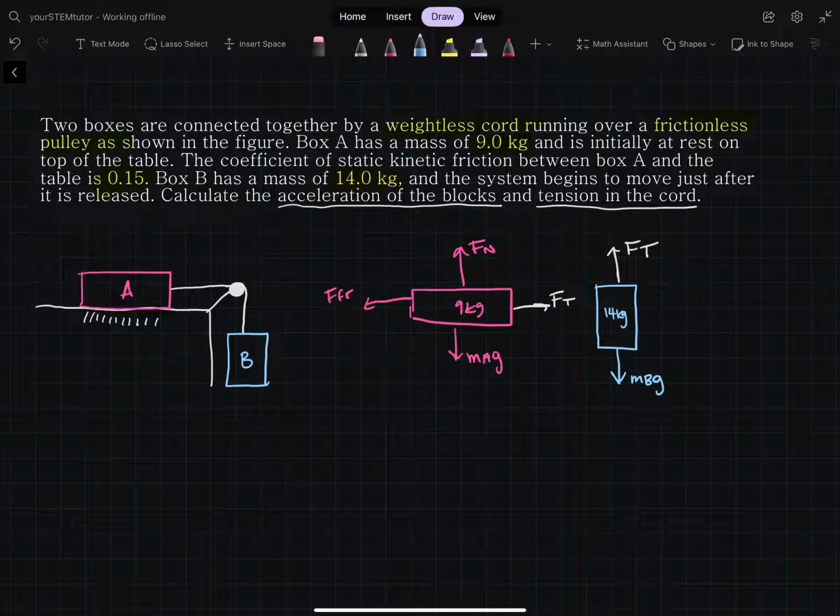And it's also not going to have a force of friction, since there's nothing it is sliding against that's going to cause it to not be as fast in its acceleration. So if we look at the acceleration of both blocks, A is going to the right in this case. And for block B, the acceleration is going downward, since block B is heavier and the entire system is going to move this way.